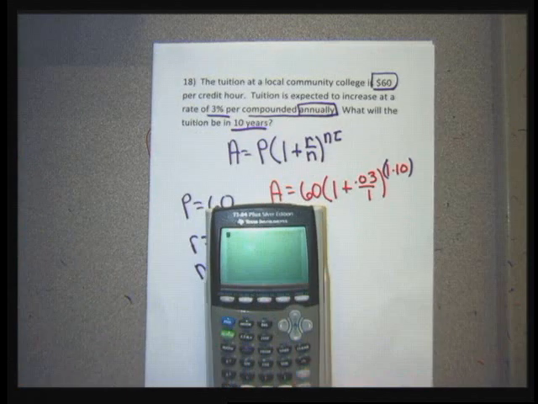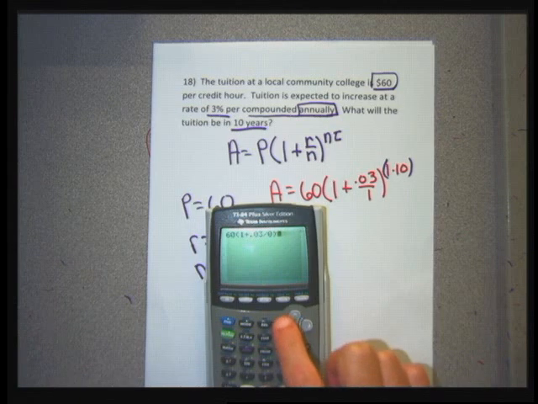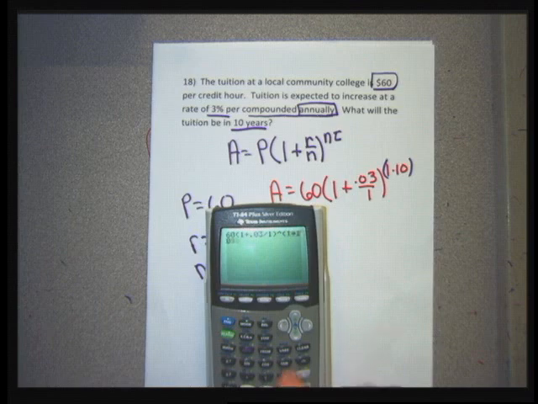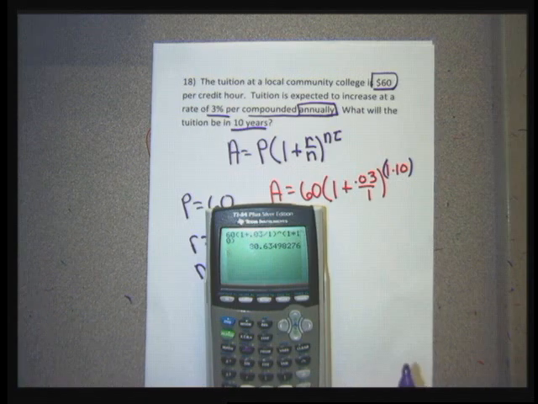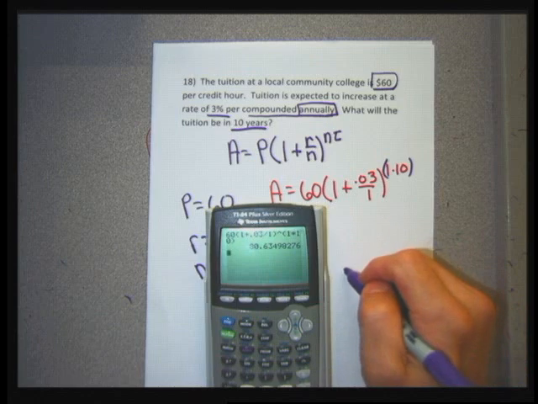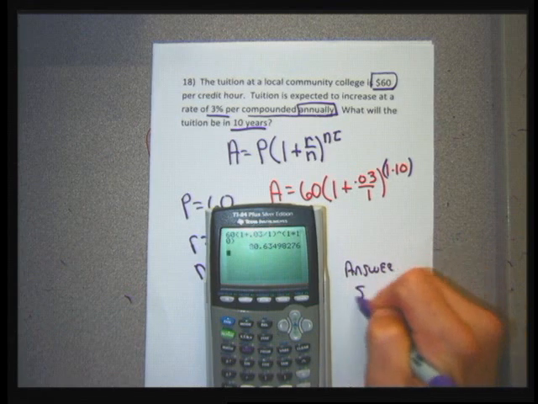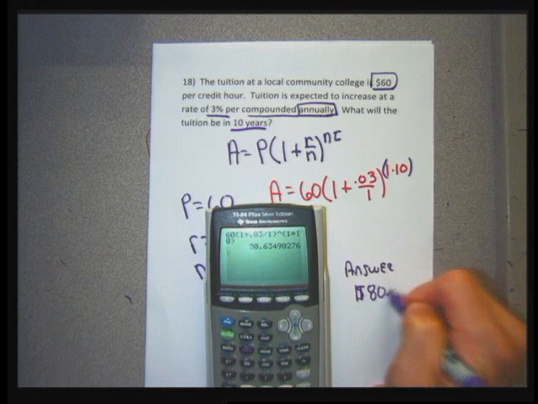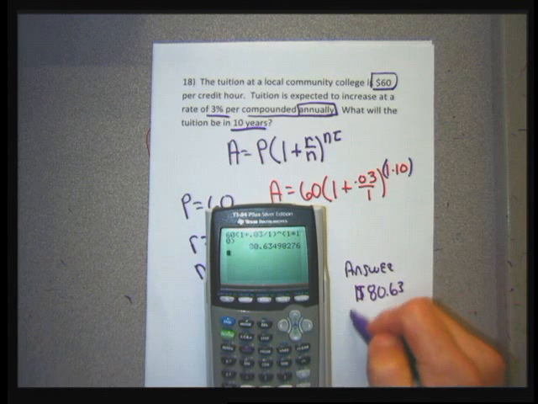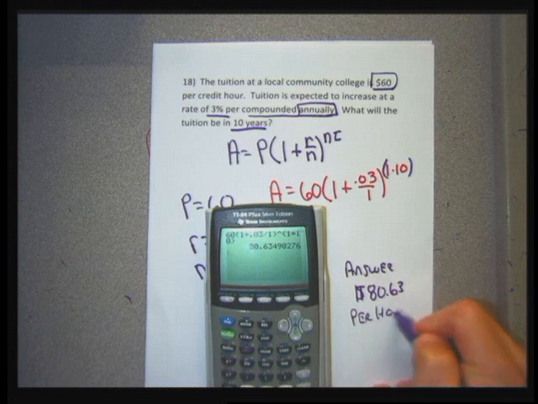So I'm going to go 60 parentheses 1 plus 0.03 divided by 1 up arrow parentheses 1 times 10 and hit enter, round to 2 decimals. It says in 10 years it's going to be $80.63 per credit hour. So the answer, since it's money, rounded to 2 decimals, is $80.63 per hour.